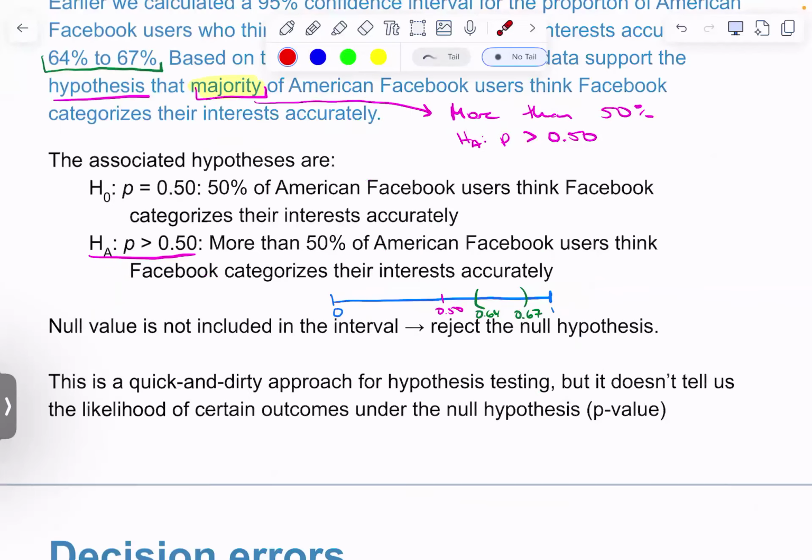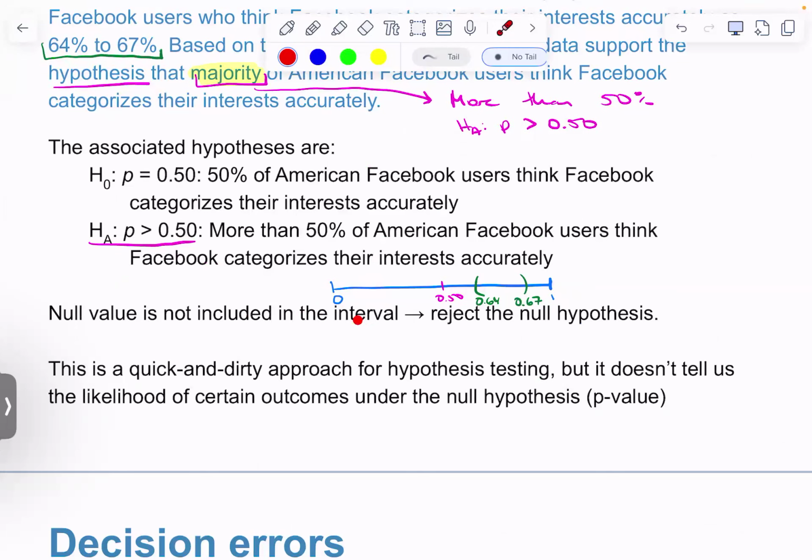Here, the null value is not included in the interval, so p equal to 0.50 is not included, which means we're going to reject the null hypothesis. Whereas if the interval includes the null hypothesized value, that is one of the options that we're okay with, and then we would not have enough evidence to reject H naught.